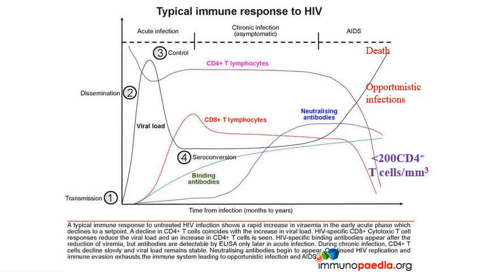But without treatment, continued HIV replication will lead to exhaustion of the immune system, leading to opportunistic infection and AIDS. We can see this in the AIDS phase: a sharp increase in viral load associated with a decrease of CD4 T cells below 200 cells per mL.